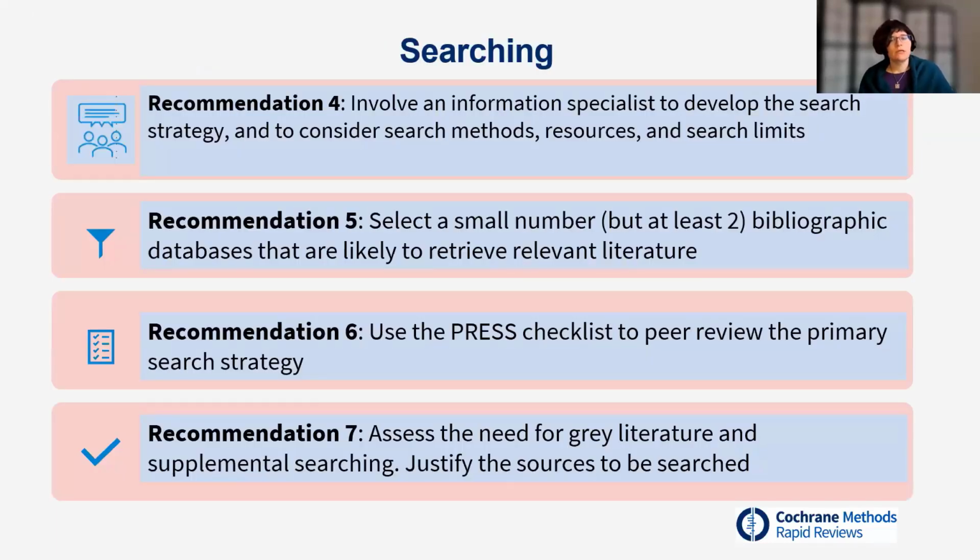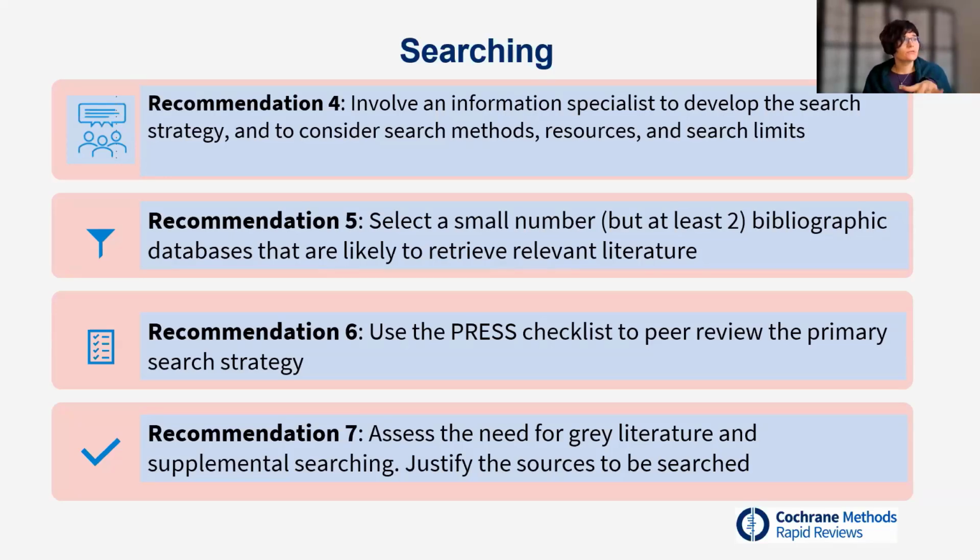The first one is to involve an information specialist. Then the second one, to select at least 2 bibliographic databases. Then to use the PRESS checklist to peer review the primary database search strategy. And finally, to assess if gray literature or supplemental searching is necessary for the topic.